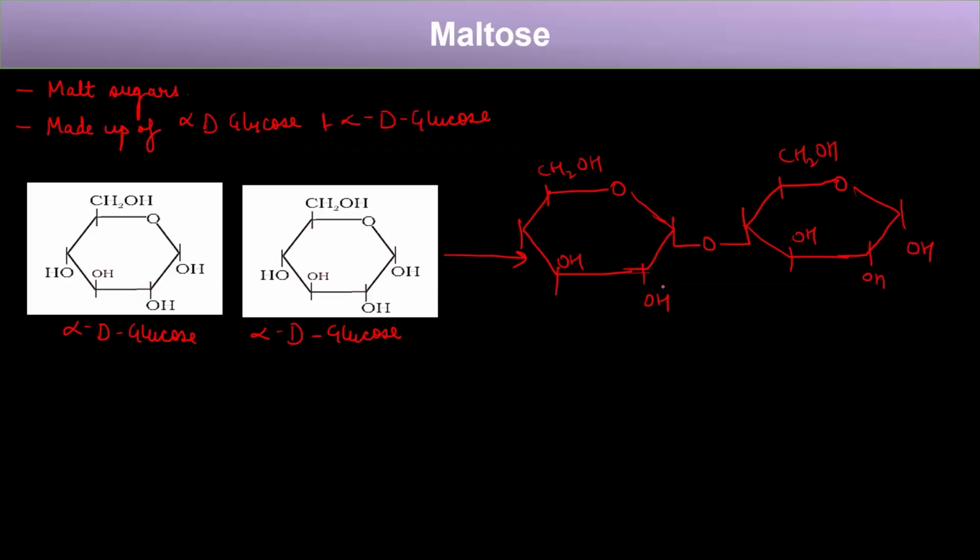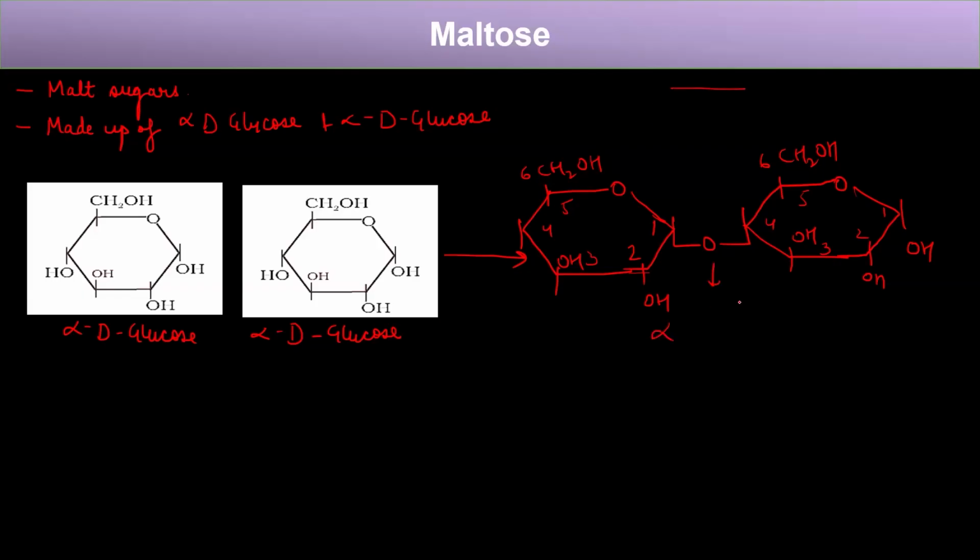Okay. Now, if we talk about the linkage, what kind of linkage are we seeing here? So if you number, this is 1, 2, 3, 4, 5, 6. And here also 1, 2, 3, 4, 5, 6. So if you look at the numbering, what carbon molecules are involved in bond formation and what kind of linkage is it? The linkage we are seeing is linear, something like this, right? And this kind of linkage is what?